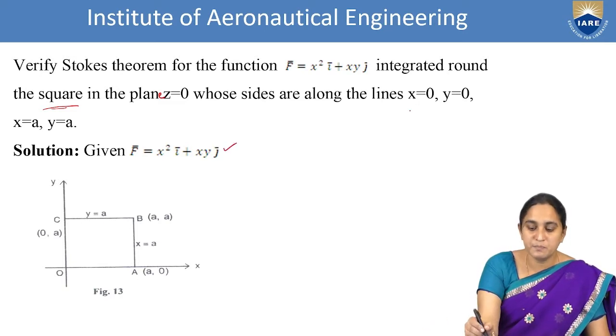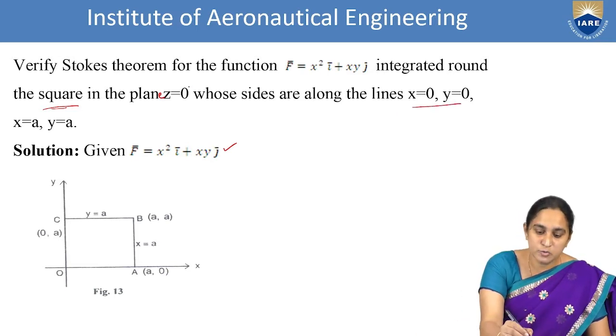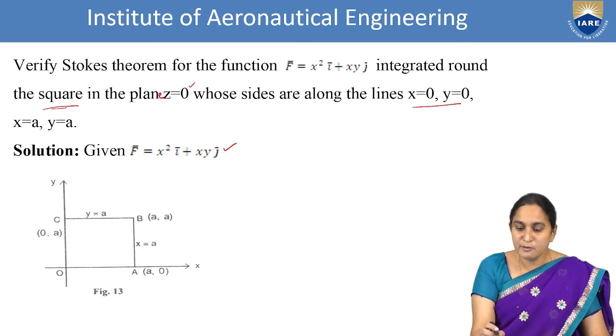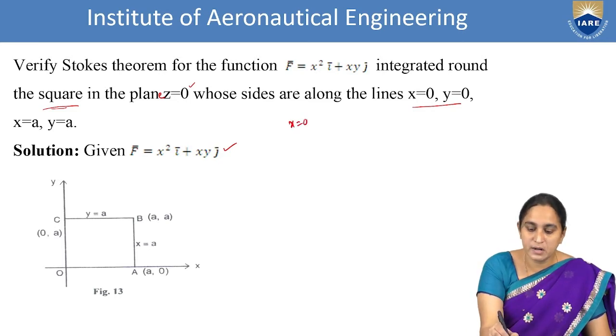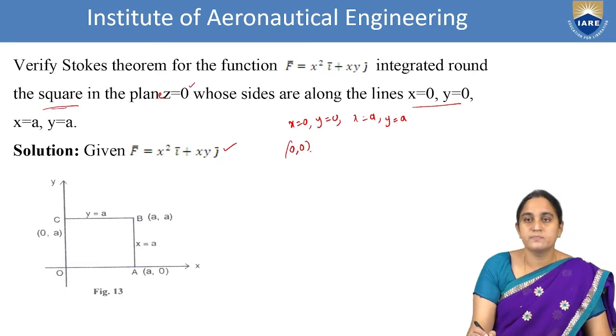From the given lines, first I'll draw the square. If z is equal to 0, that means the square is on the xy plane. First I'll form the vertices from the given lines. At x is 0, y is also 0.